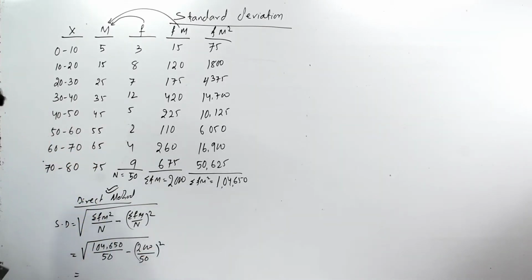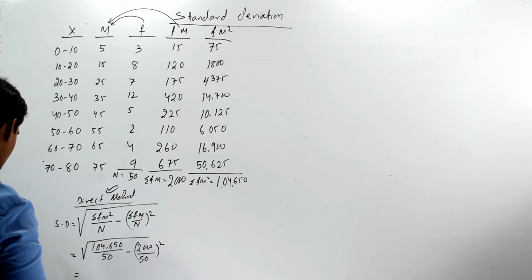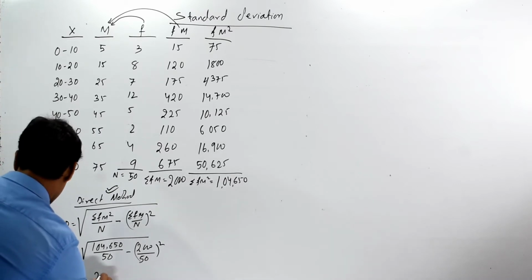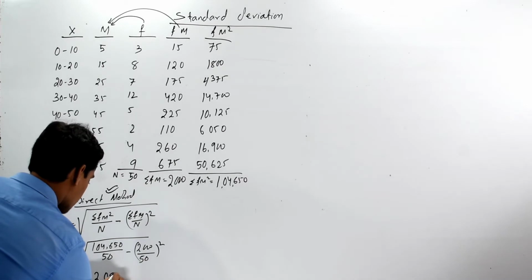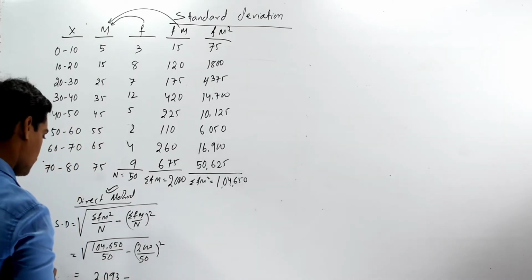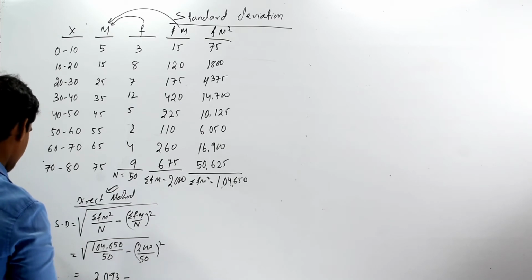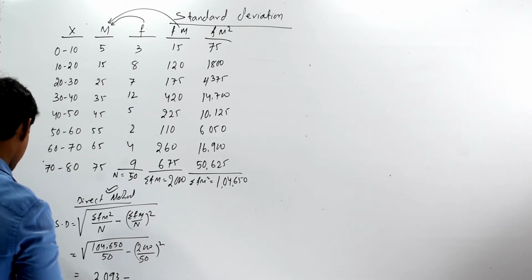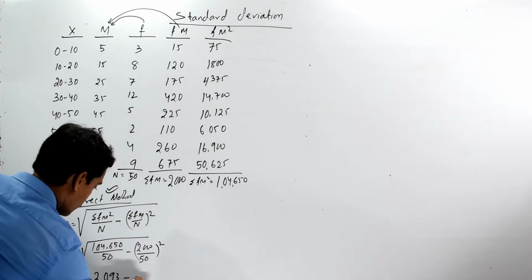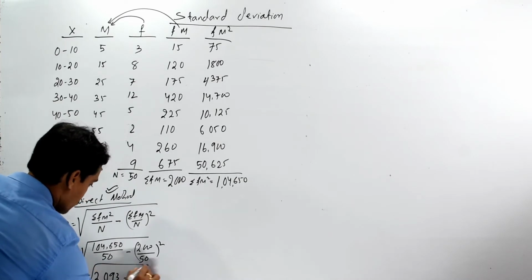So now simplifying, 1,04,650 divided by 50 equals 2093 minus 2000 divided by 50 equals 40 square, whole root over.